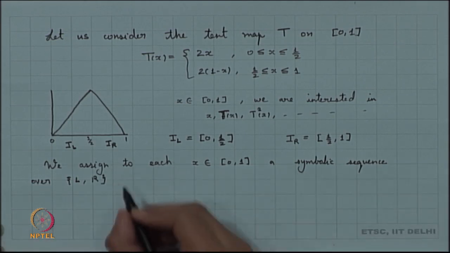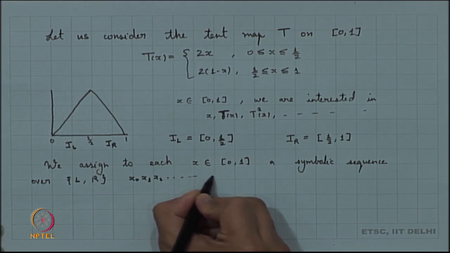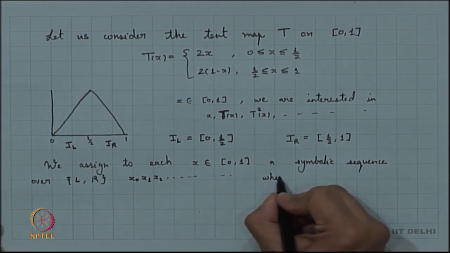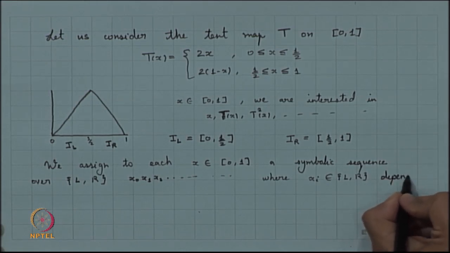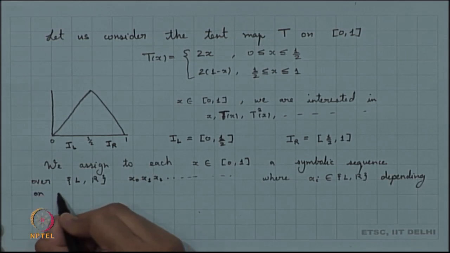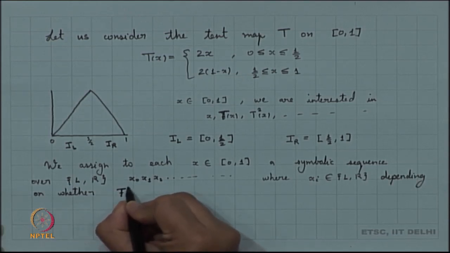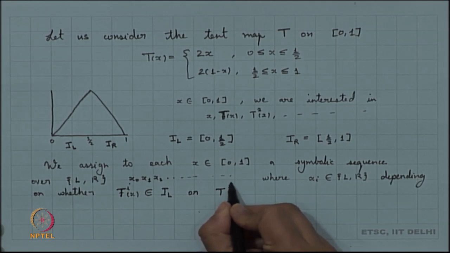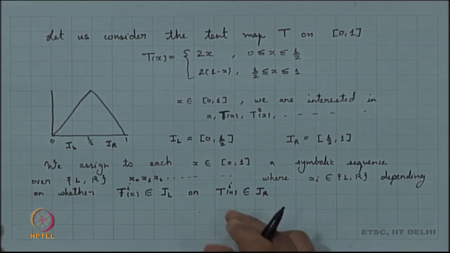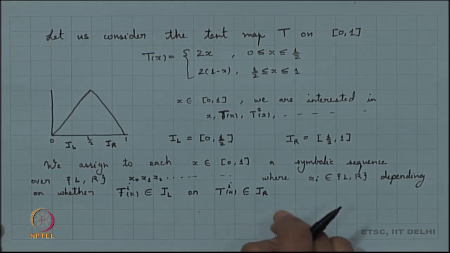So, we define the symbolic sequence x0, x1, x2 and so on, where each xi belongs to the set {L, R} depending on whether T to the i of x, right, belongs to which phase. So, T to the i of x belongs to I L or T to the i of x belongs to I R. So, we put xi to be equal to L if T to the i of x belongs to I L, and we put xi to be equal to R if T to the i of x belongs to I R.